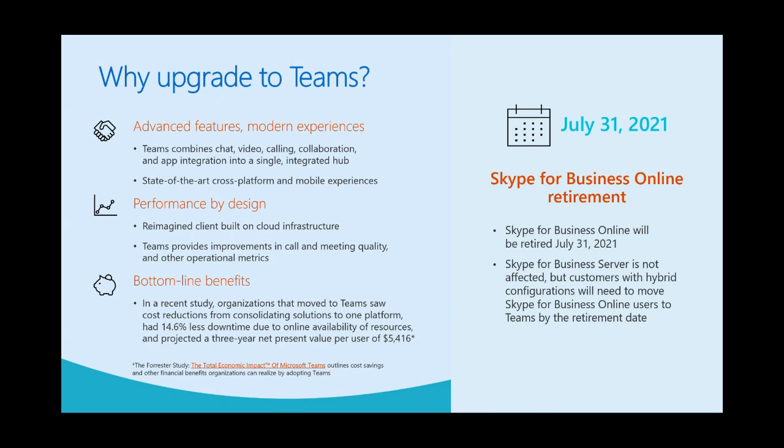If you're looking to upgrade, it's better you plan it soon, because on July 31st, 2021 the Skype for Business Online service will be shut down. Skype for Business on-premises is still going to be running. The 2019 version of Skype for Business on-premises is already out. So for on-premises customers, that's a different discussion altogether. But if you as an organization are still using Skype for Business Online, it's very important that you start planning your upgrade.